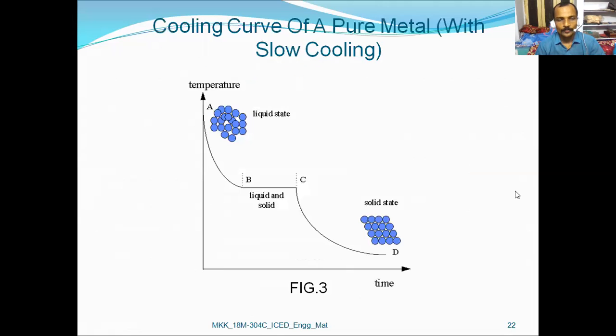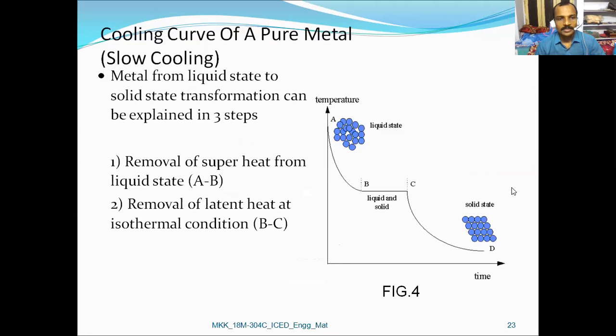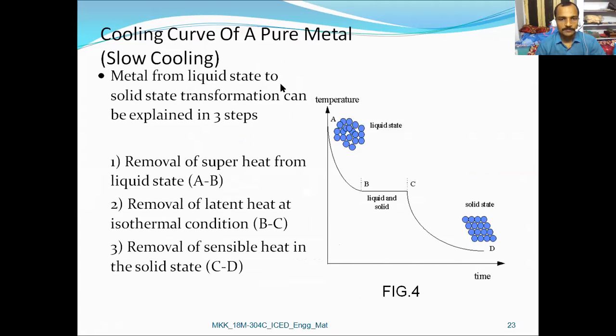So let us observe, the metal from liquid to solid state transformation can be explained in 3 steps. The first step is removal of superheat from liquid state A to B. From A point to B point, superheat is removed.